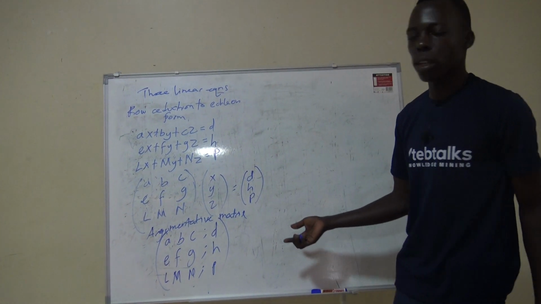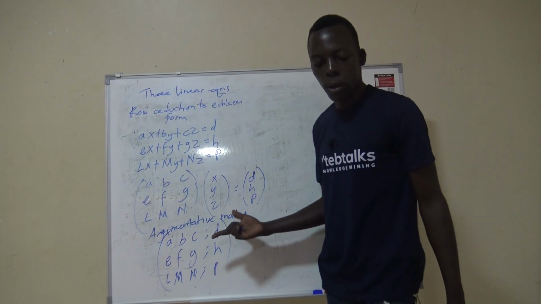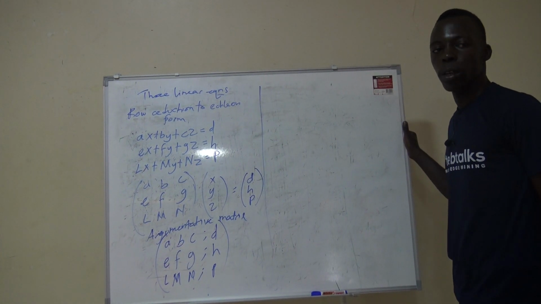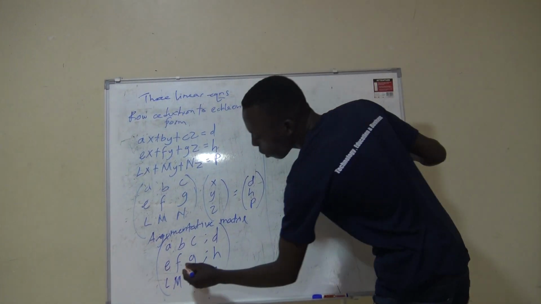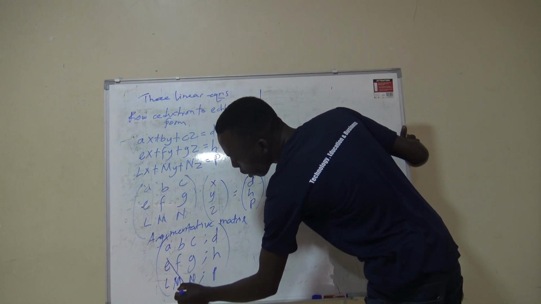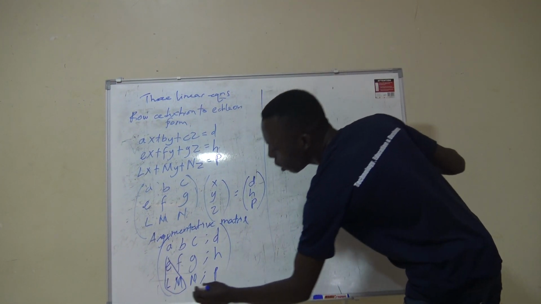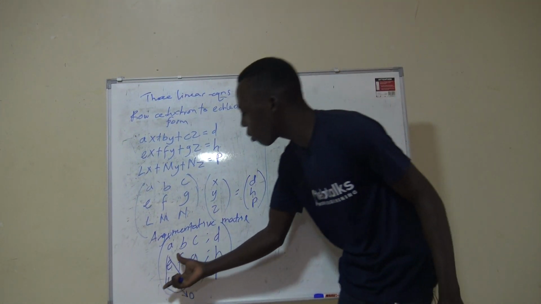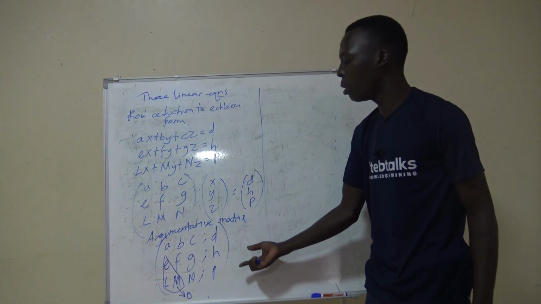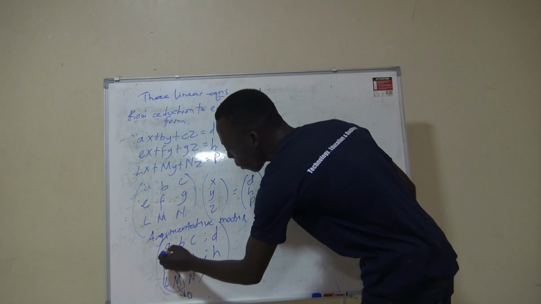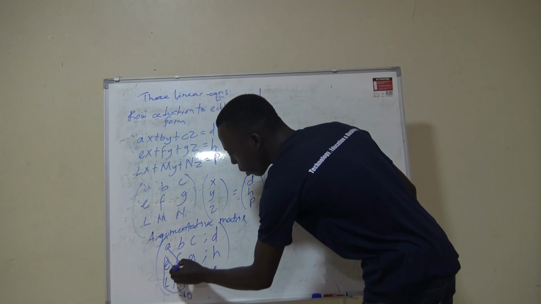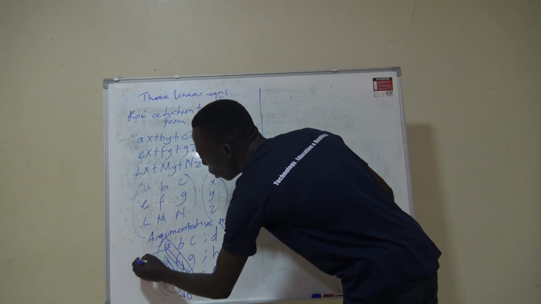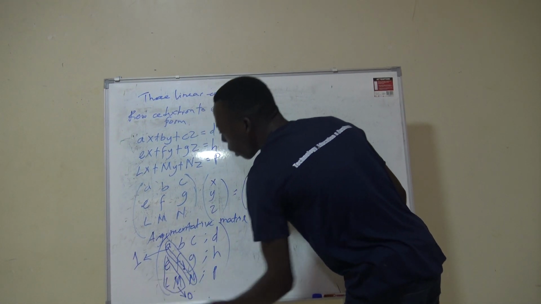By getting this, we now continue. When you are dealing with echelon form, these three values here must be made equal to 0. The diagonal values must be made to become 1.